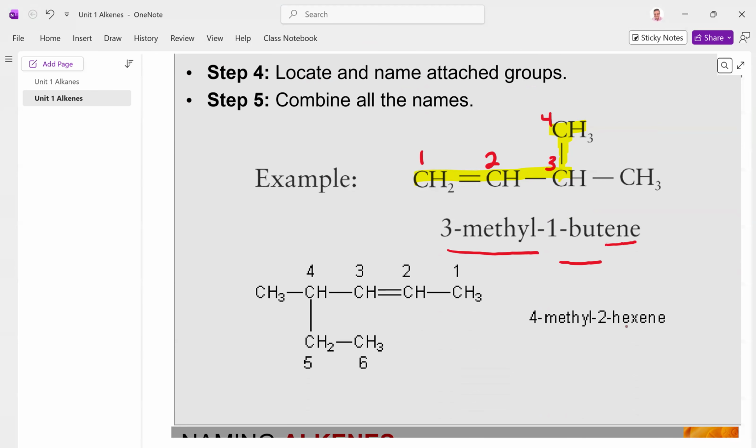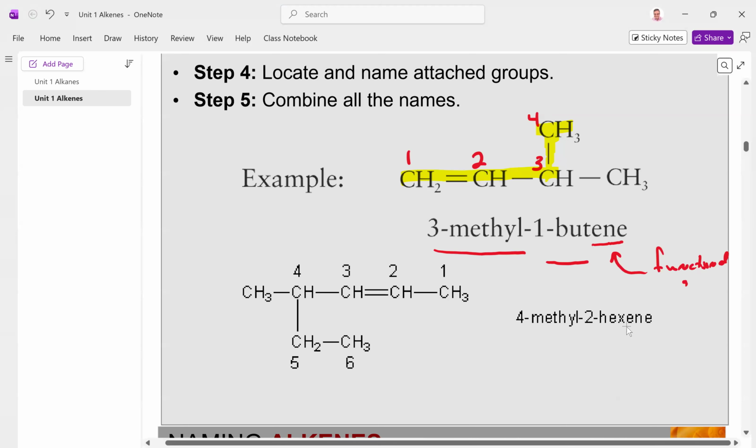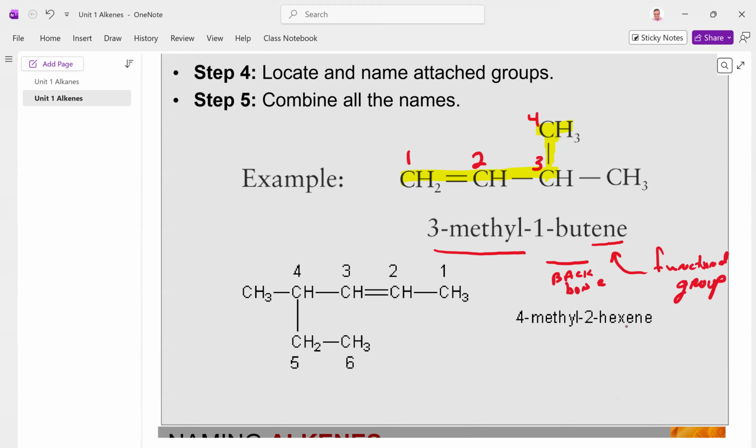Okay, so again, this is the functional group. Backbone. And branching. Now you can have multiple double bonds also.